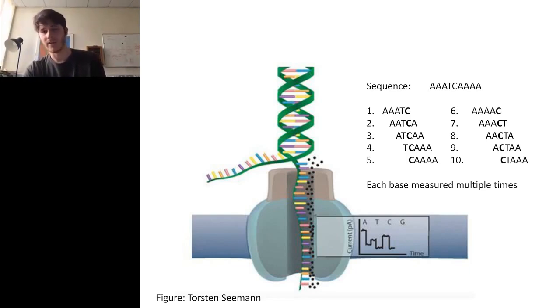So it's a very, very tiny measurement that you're making. It's a very small single molecule measurement, but because you get multiple opportunities to observe the base, you can combine these small bits of signal into what is actually remarkably accurate DNA sequencing.